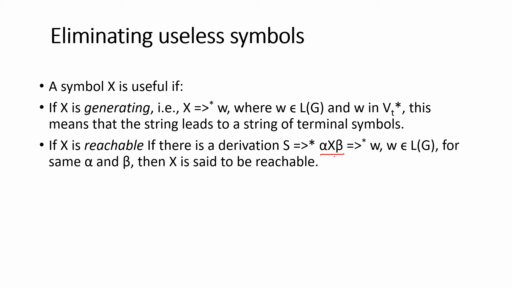If I am able to use this type of string where X is present at the time of derivation from the start symbol S to the string W, then I can say that X is reachable, meaning that without X you cannot produce all the strings present in the language from the start symbol.